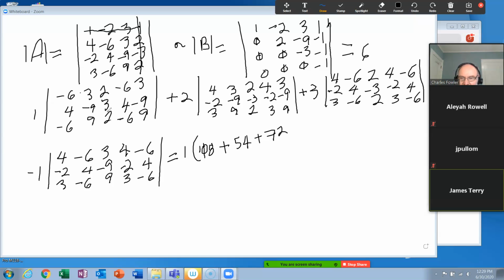Now we got to do our up diagonals. And this will be a minus 108, isn't it? That's sort of good news because we have a plus one. This one, though, is going to be a plus because it's an up diagonal, right?